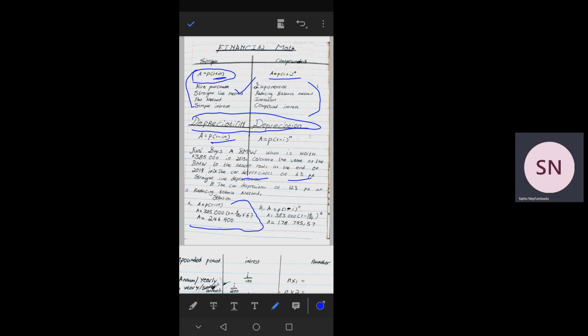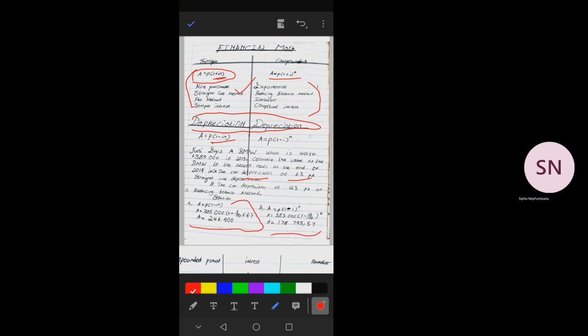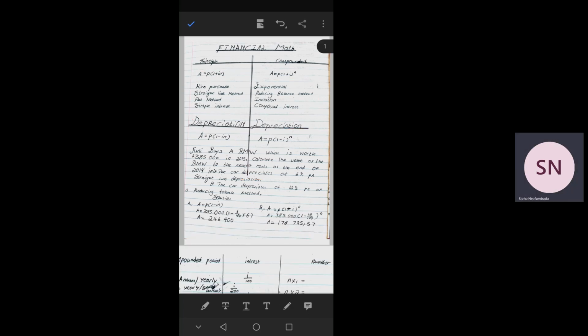The calculation for reducing balance uses the compound formula.